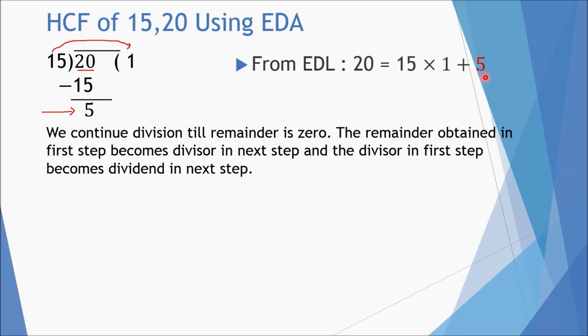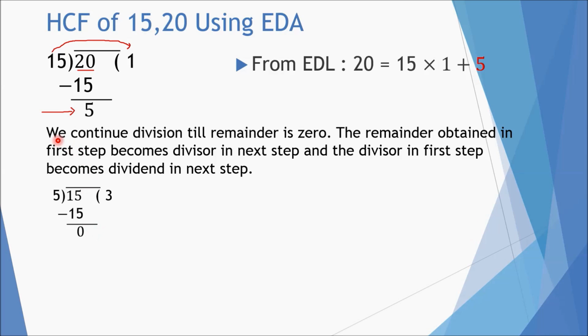So this 5, which is the remainder, will become the divisor in the next step, and this 15, which was the divisor, will become the dividend. In the next step, we will divide 15 by 5. 5 threes are 15, so we will get the remainder as 0.